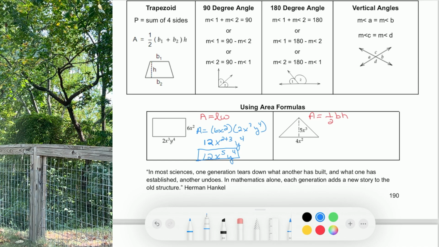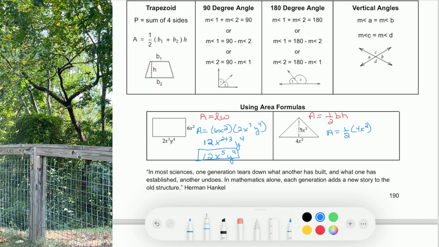Okay. All right, let's look at our triangle. We have our base as 4x squared and our height is 5x cubed. So let's fill that in. So we get A equals 1/2 times my base, which is 4x squared, times my height, which is 5x cubed.